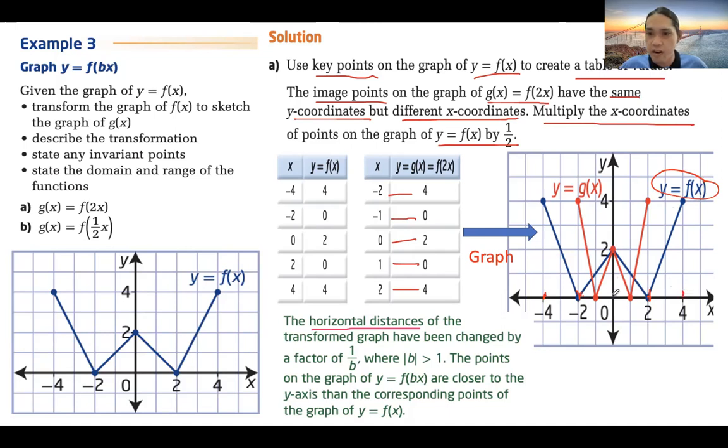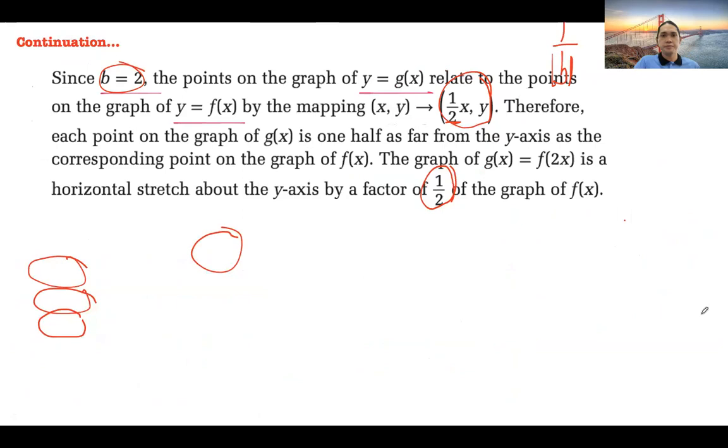And for the range, of course, for g of x you have it from 0 to 4. Of course, they have the same range as y equals f of x, which is also 0 to 4, as you can see. So the invariant point that we have is (0, 2). Okay, so I hope we're clear about this one.